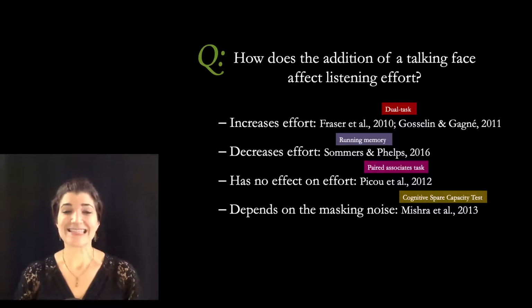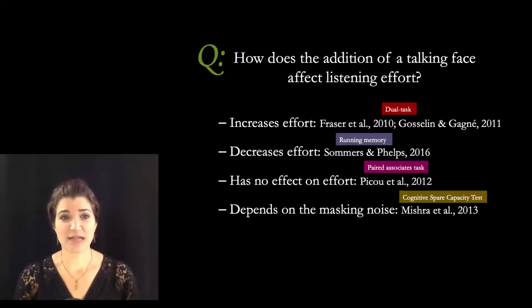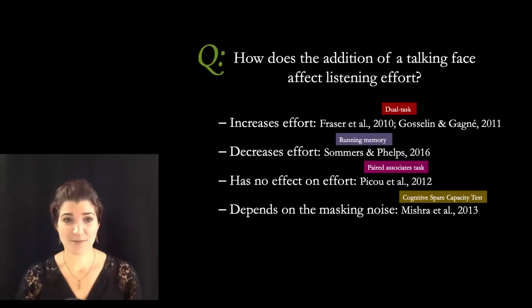And if it depends, that's yet a different kind of behavioral task. So maybe these results aren't actually conflicting with one another. Maybe these aren't failures to replicate at all. Maybe seeing a face hurts whatever dual task measures measure, and it helps whatever the running memory recall task measures, and it doesn't have any effect on the other ones, and so forth. So thinking carefully about measurement is really fundamental to understanding replication.